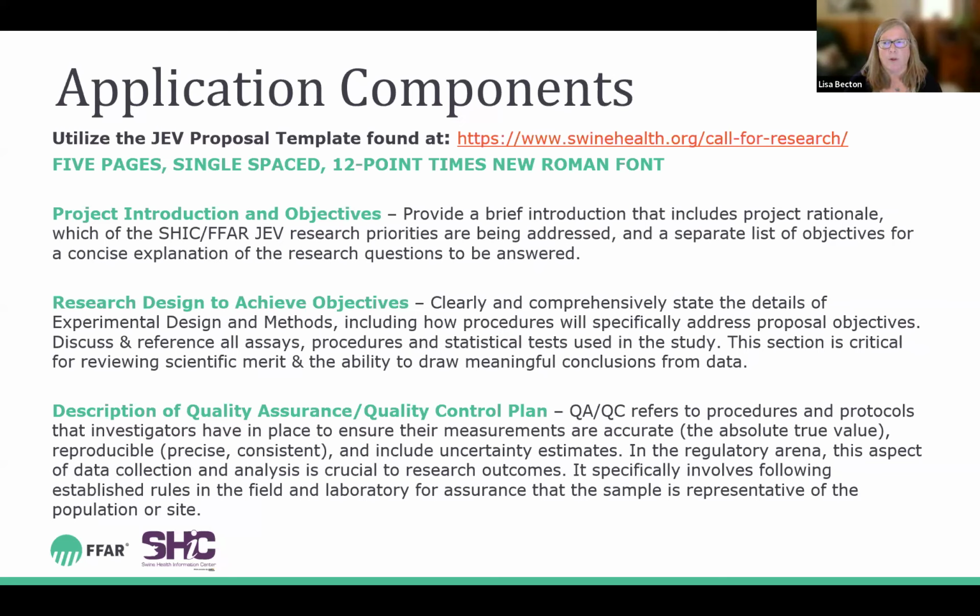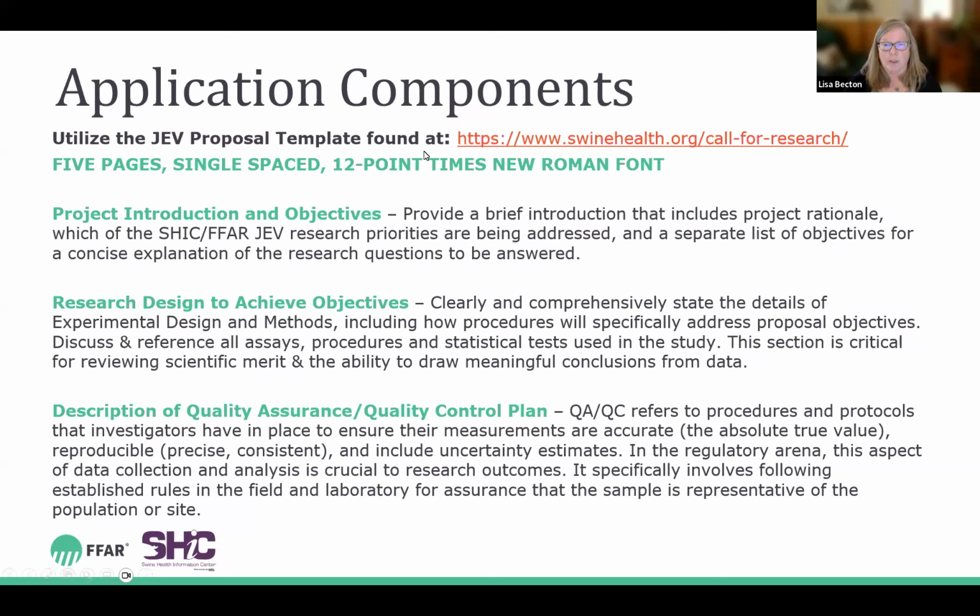The second component is the research design to reach the objectives. This one is really the meat of the proposal, because our request is to have it clearly and comprehensively stated what are the details of the experimental design and methodology to accomplish that.